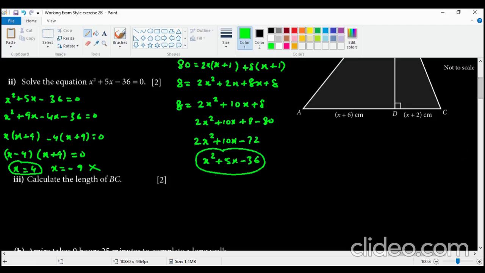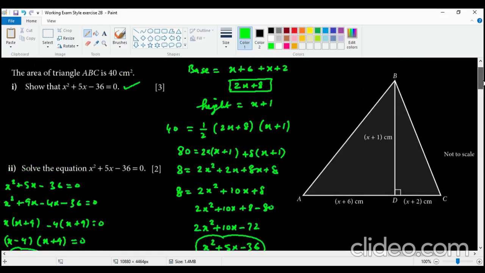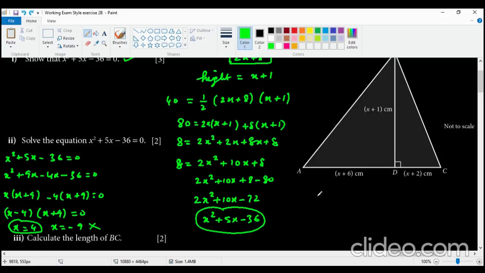Now they need us to calculate the length of BC. BC is the hypotenuse, if you see the triangle they are talking about. I know very well to use Pythagoras theorem. Pythagoras theorem says that BC square is equal to x plus 2 square plus x plus 1 square.